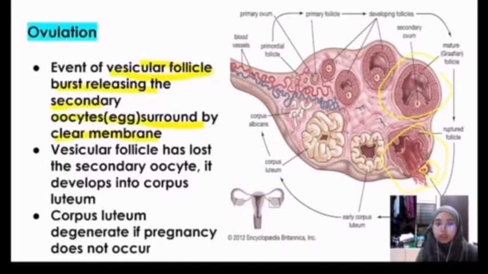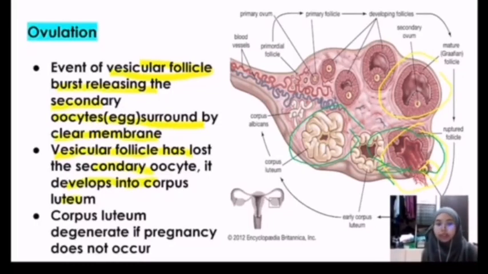So when the vesicular follicle loses the secondary oocyte, it develops into the corpus luteum, which is this.